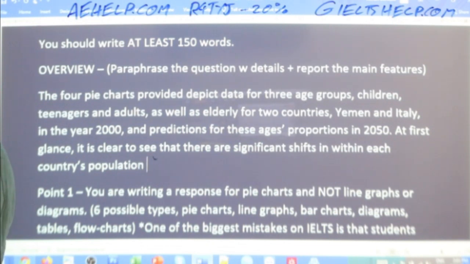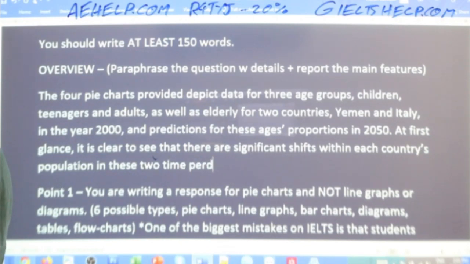So at first glance, it is clear to see that there are significant shifts within each country's population in these 2 time periods, as well as between the 2 countries, or name them, Yemen and Italy.